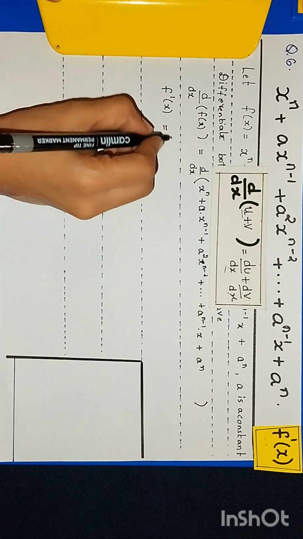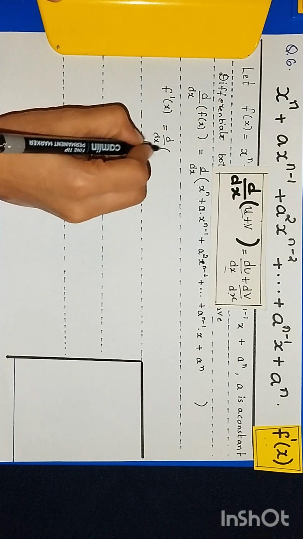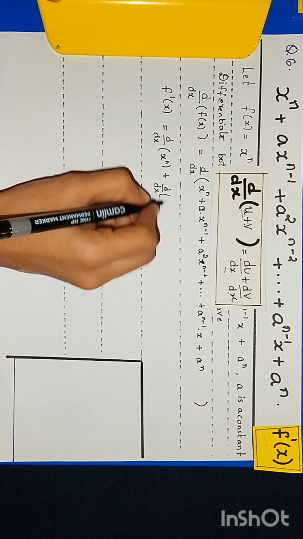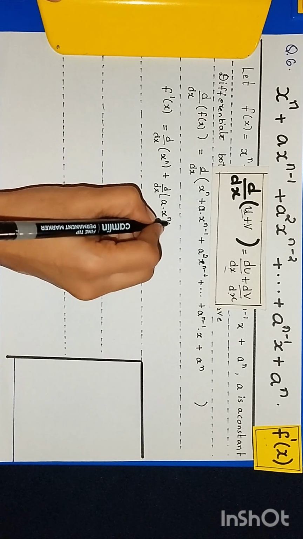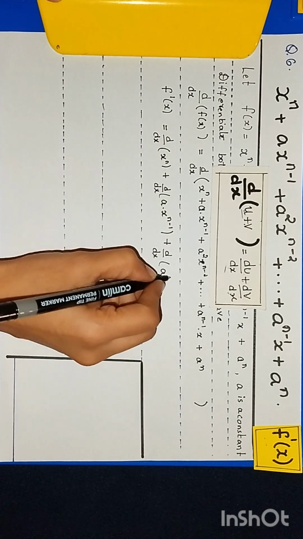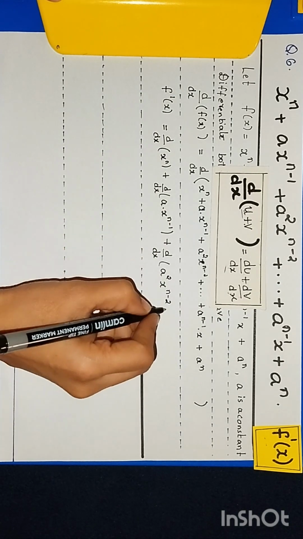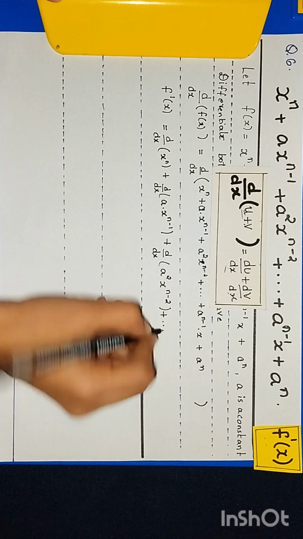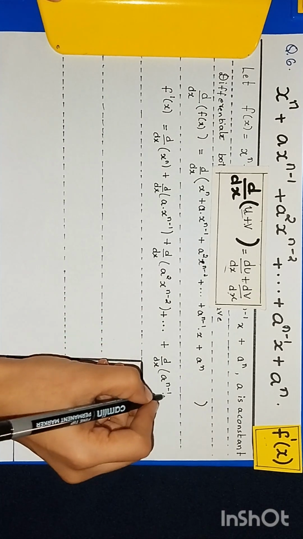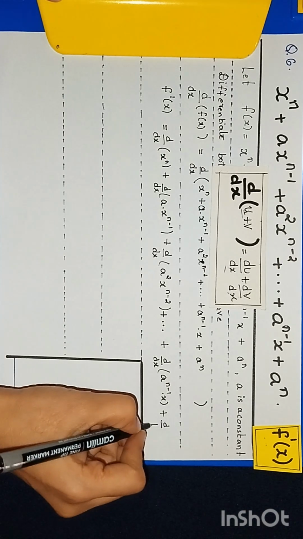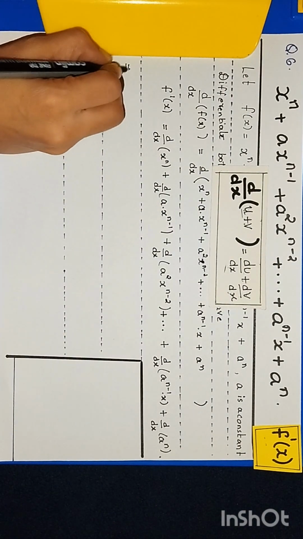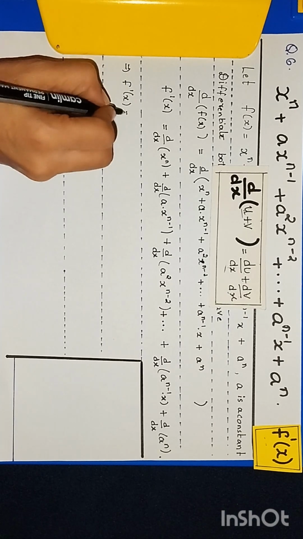So we will write d by dx of x power n plus d by dx of a into x to the power n minus 1 plus d by dx of a square x to the power n minus 2 plus d by dx of a to the power n minus 1 x plus d by dx of a to the power n.